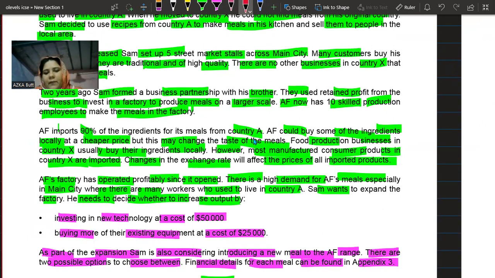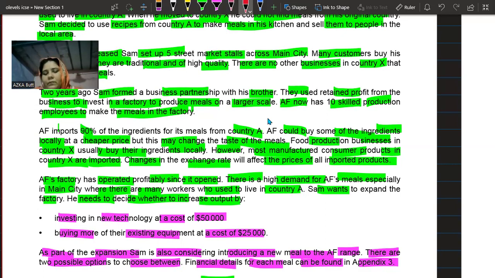Okay, so AF imports 90% of ingredients for its meal from country A, and AF could buy some of the ingredients locally at a cheaper price, but this may change the taste of the meal. So now, this is not a good idea because if you see previously, the examiner was saying that his food is more popular. Why? Because people like the originality of its meal and their traditional taste.